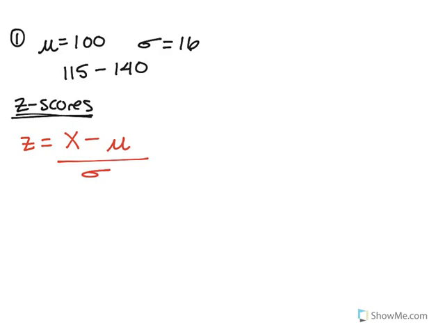X minus your population mean, and I'm writing it in the symbols, divided by the standard deviation. And that's the symbol for population standard deviation. Okay? So X is going to be whatever you're trying to convert. If I'm trying to convert 115, then that will be 115 minus 100, because that's the mean, divided by the standard deviation, which is 16.